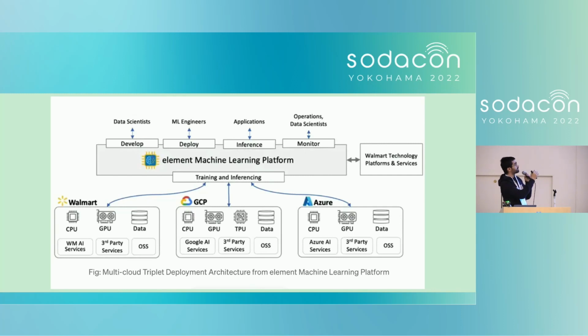And this is an example of how your machine learning processes would look. This is an example of Walmart and how they use a multi-cloud deployment architecture for their machine learning platform. At the top, you can see that they have their primary machine learning platform that does the development, deployment, inference, and then of course they're using multiple cloud providers to do things like compute, or ETL, or huge data pipelines that might be running as part of data engineering workloads.